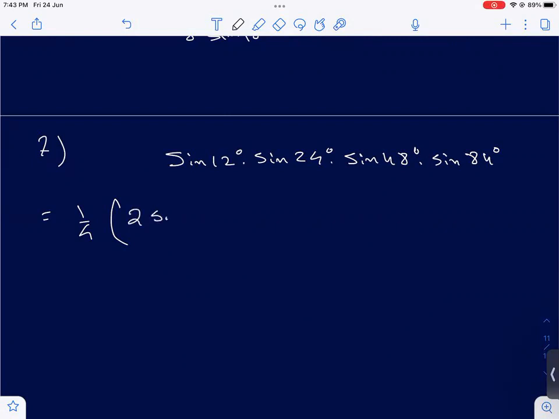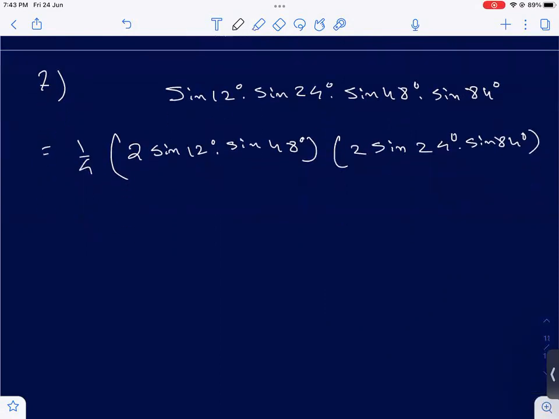So 2 sin 12 into sin 48, so that we get one comfortable known value. In the first case, (c plus d) by 2 equals 48 and (d minus c) by 2 equals 12.